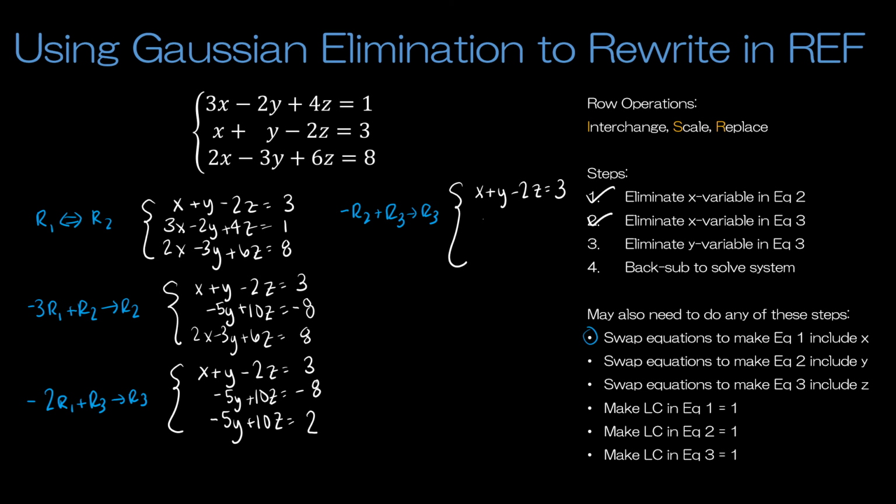Row 2 is still -5y plus 10z is equal to -8. And row 3 is -5y, so positive 5y minus 5y is 0y. And -10z plus 10z is 0z.